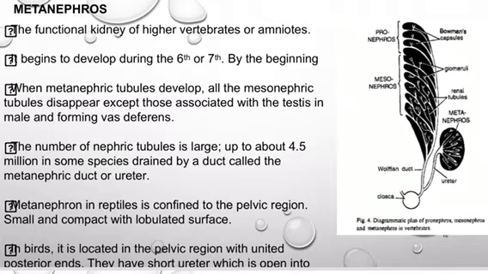It's small and compact, and it has a lobulated surface. In birds, the metanephros is located in the pelvic region with united posterior ends. You have short ureters which open into the exterior.